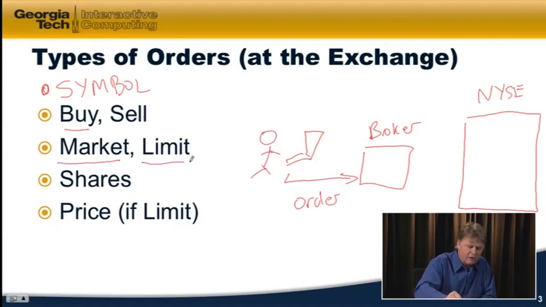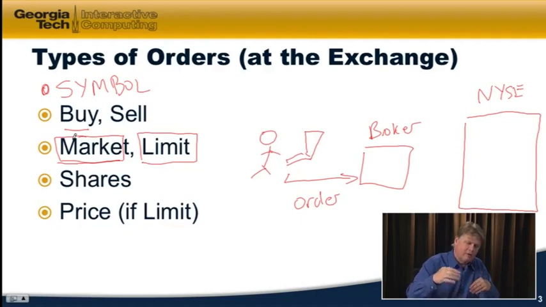There's something a little more subtle here, whether it's a market order or a limit order. Market order means I'll take whatever price is available. Limit order means, in the case of buying, it's a maximum. You don't want to pay any more than a certain amount. Limit order, if you're selling, is I don't want to sell it for any less than a certain amount.